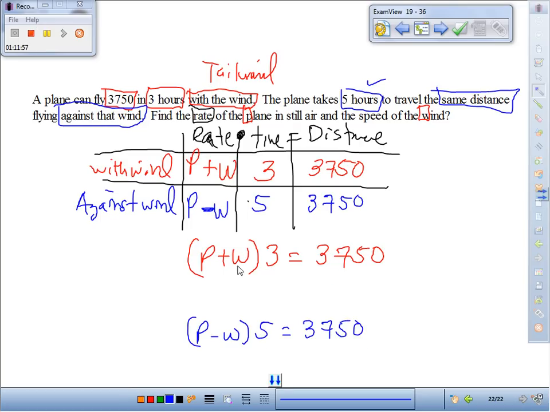So now, let's simplify this one. What is the 3 doing? It's multiplying, so what is the inverse? Divide by 3.